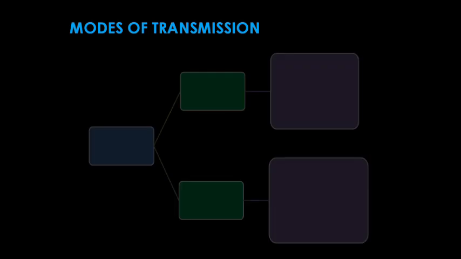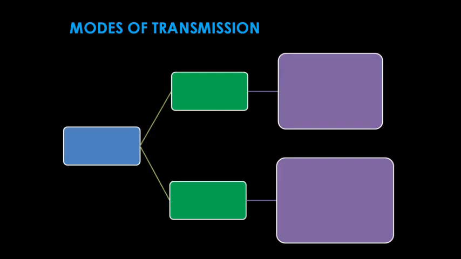Now we will discuss the mode of transmission. Diseases are transmitted from reservoir or sources of infection to a susceptible individual in many different ways. The transmission depends upon the infectious agent, portal of entry, and the local ecological conditions. The classification of mode of transmission can be made easy by this chart: direct transmission and indirect transmission.